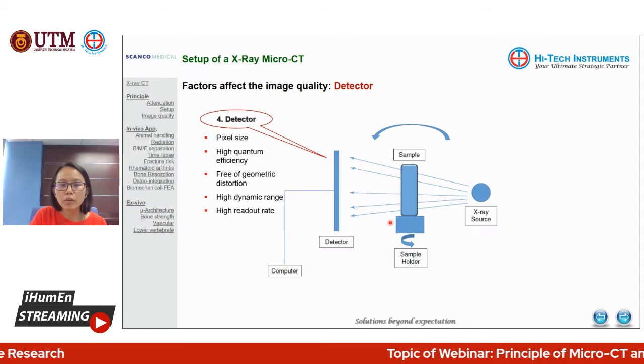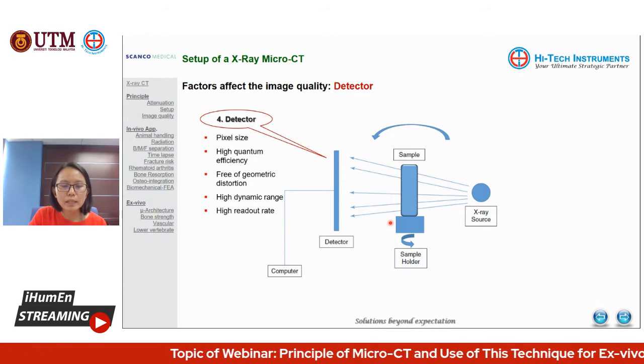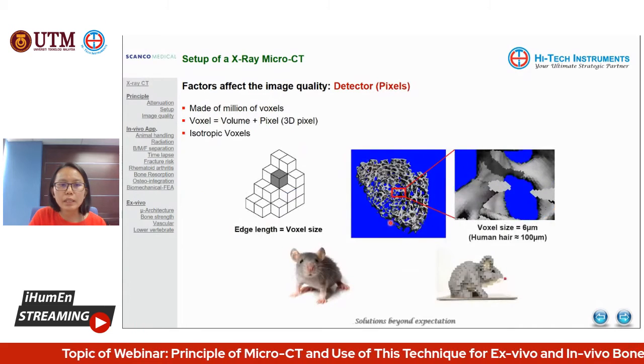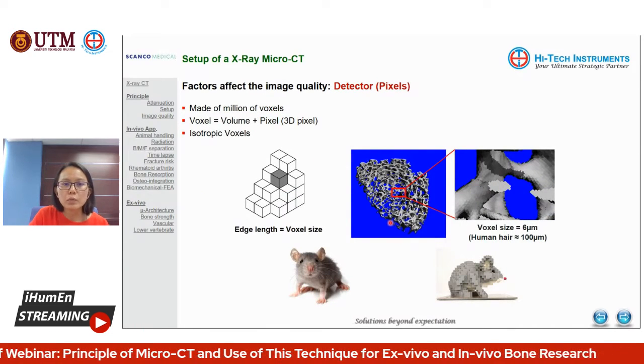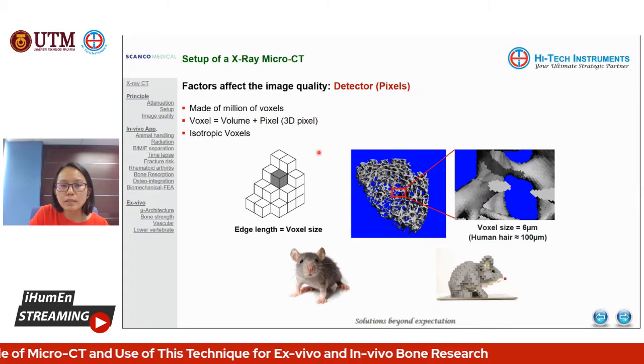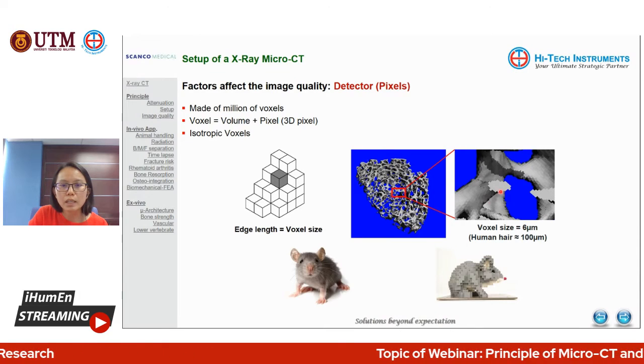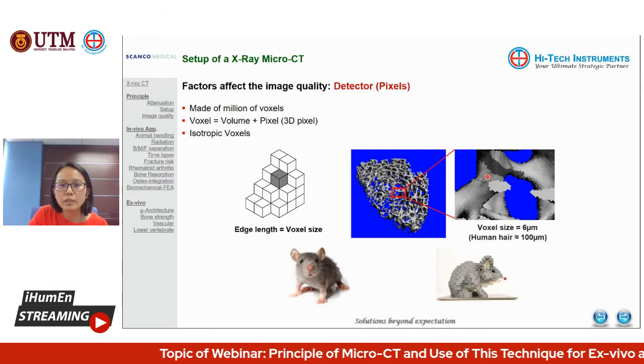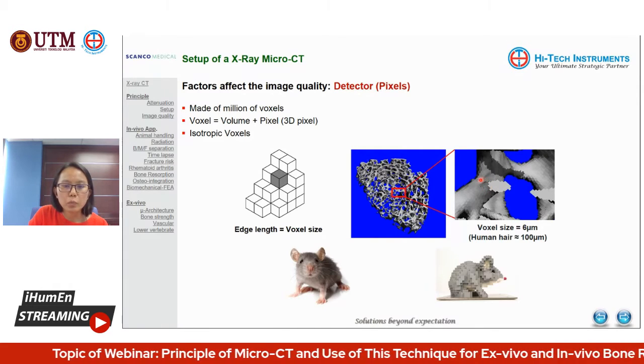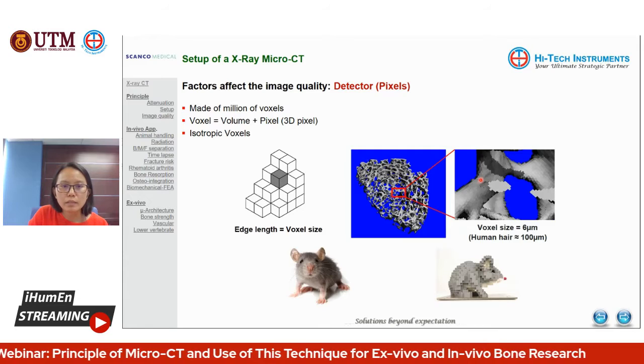But overall, the one that we users can change would be the pixel itself. So what is a pixel? If you zoom in on the image that you have captured, further zoom in to a stage where you can actually see the boxes like this, each box is equivalent to one voxel size here.